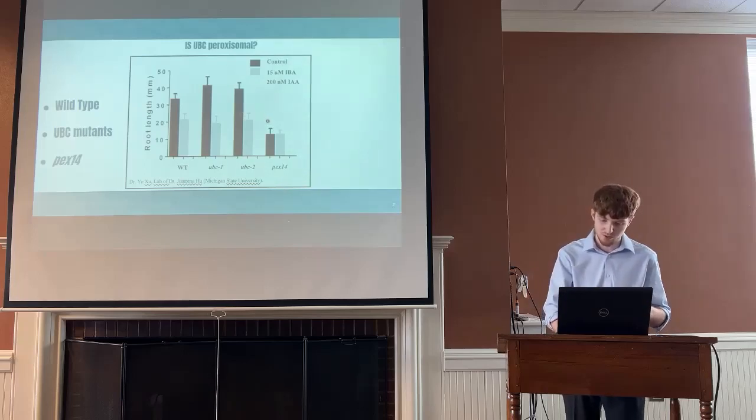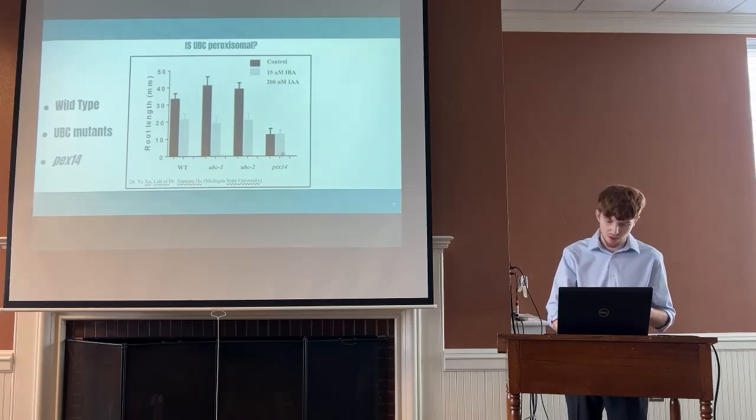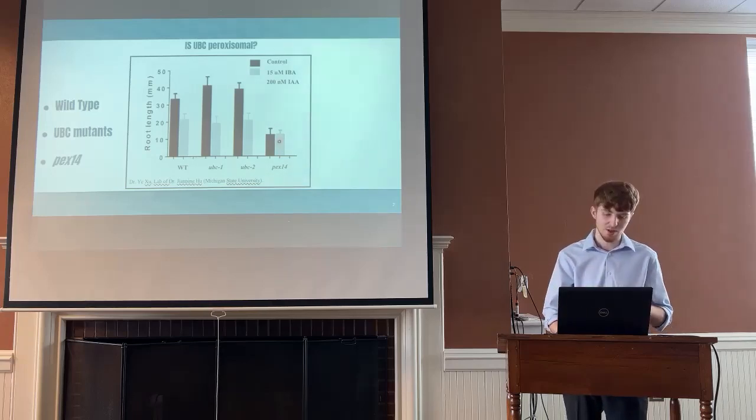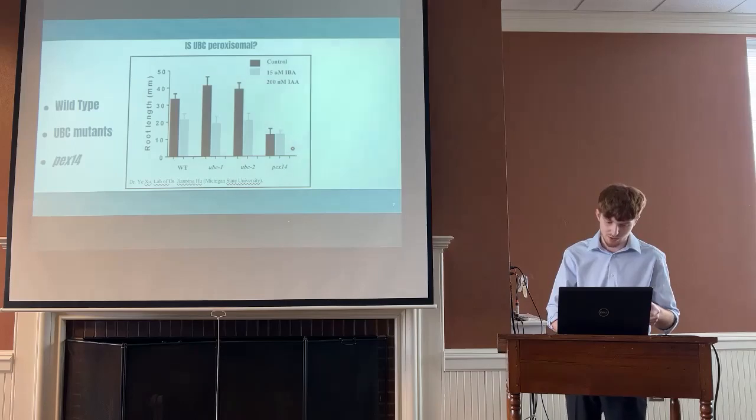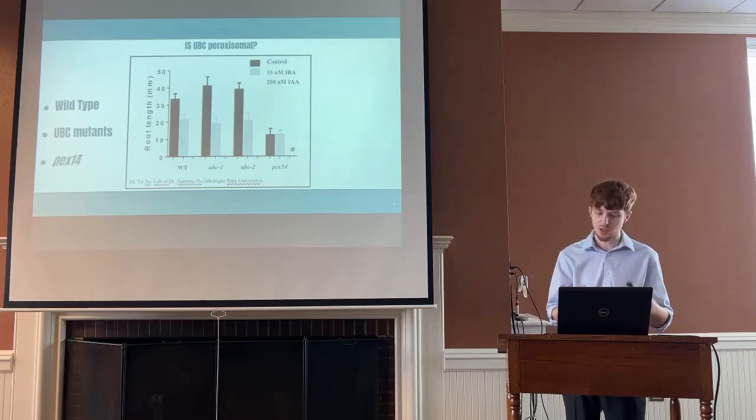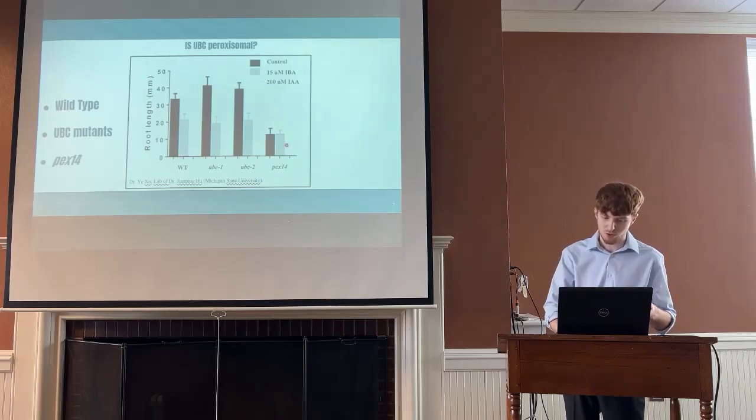And then when you look at the PEX14 mutant, the IBA bar is the same height as the no hormone bar in terms of root length. This is because PEX14 can't convert IBA to IAA, so it's going to stay the same height in terms of root length. But when you do supplement it with just IAA, it will shorten the root length as expected.